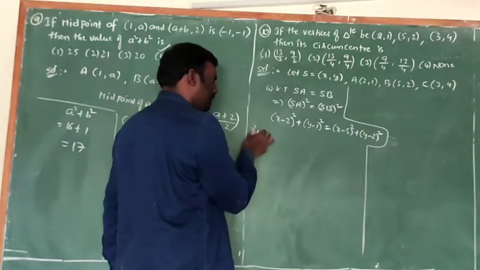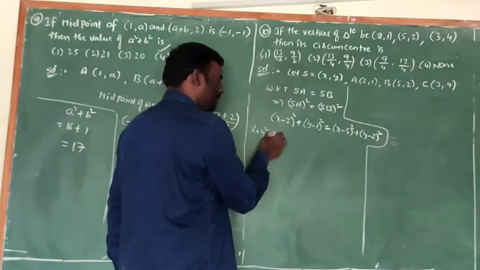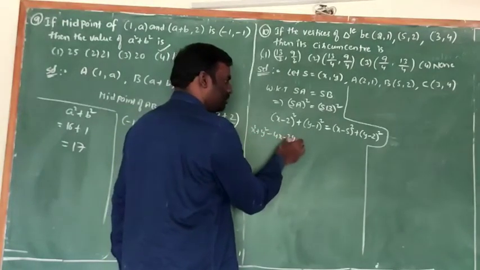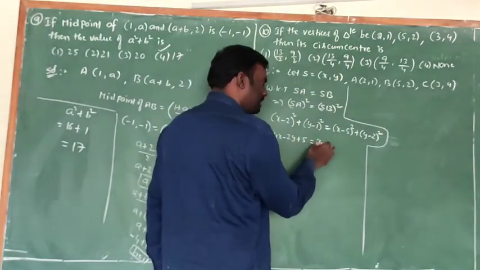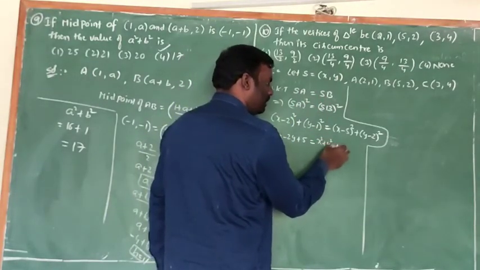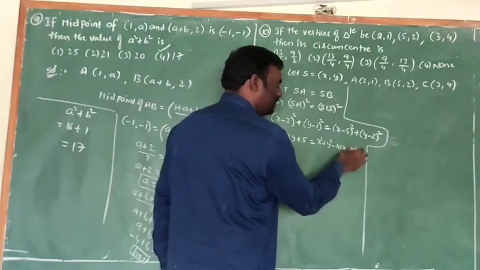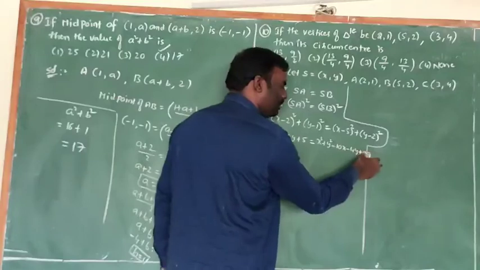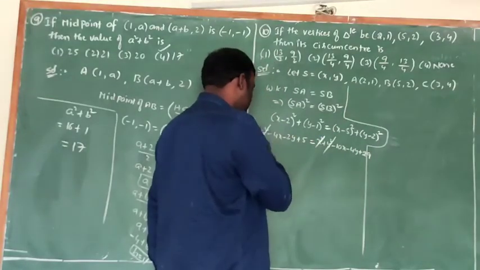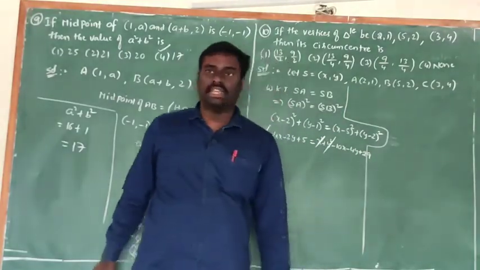X square plus y square minus 4x minus 2y plus 5. Here x square plus y square minus 10x minus 4y plus 5 square 25 plus 4 29. Now x square y square gets cancelled.